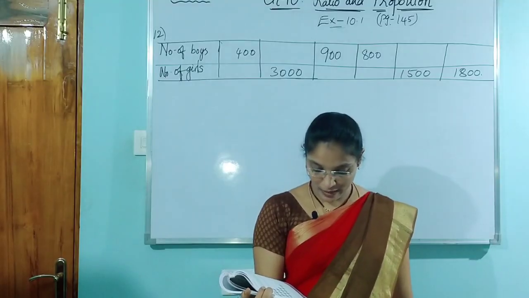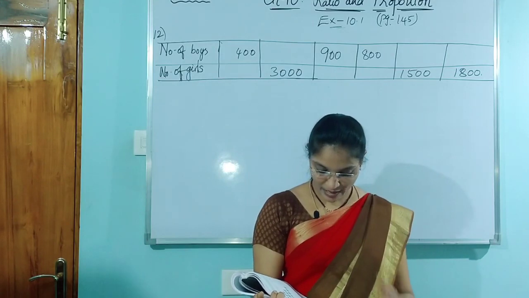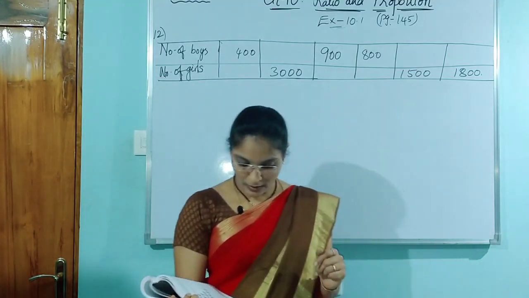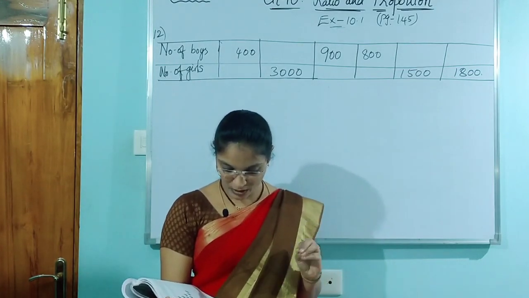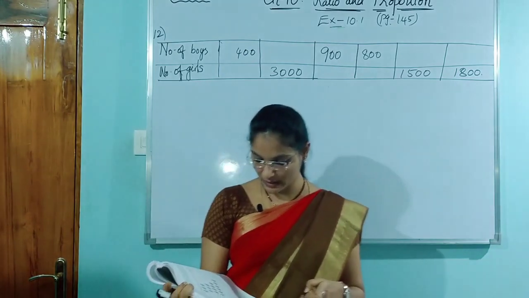Now the 12th one, have a look, children. They have given data: the ratio of the number of girls to the number of boys studying in the school.